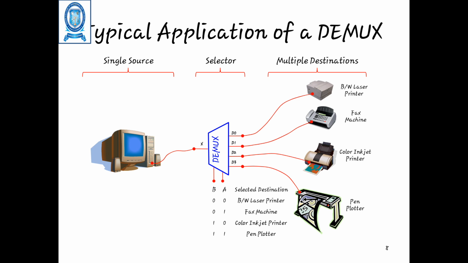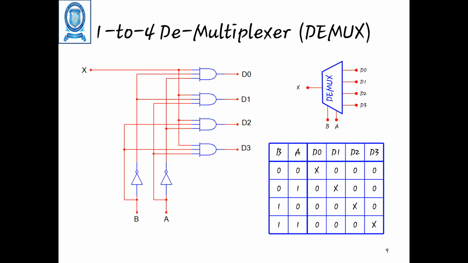For example, from a computer system we receive one data stream and distribute it to a laser printer, a fax machine, a color inkjet printer, a pen plotter, etc. So another name for the demultiplexer is data distributor, and another name for the multiplexer is data selector. So data selector and data distributor are other names for multiplexer and demultiplexer. This is the function of a demultiplexer.